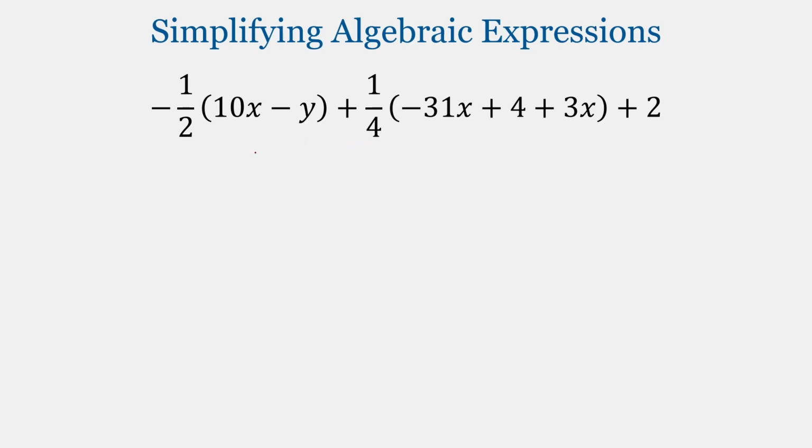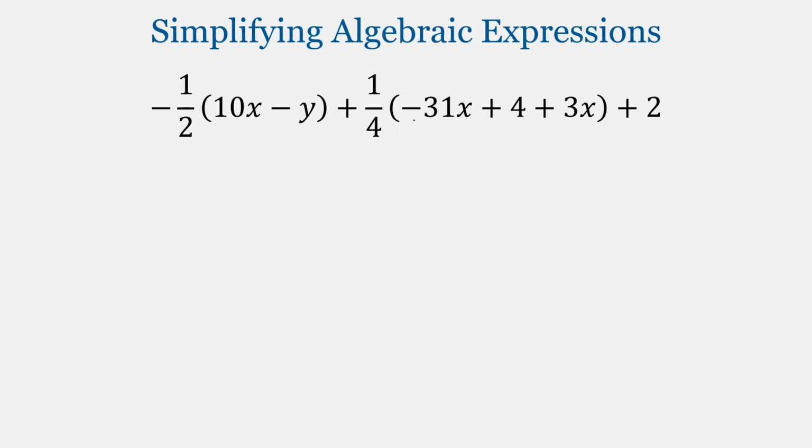In this second problem, we are adding fractions to the mix, but again, we'll do everything the exact same way we've done before. First step is to simplify what's in parentheses first. So in this first parentheses, we have 10x minus y. We cannot simplify that down any further without additional information on x and y, knowing those values.